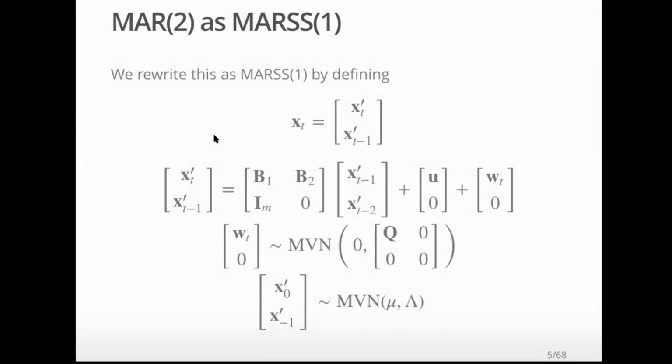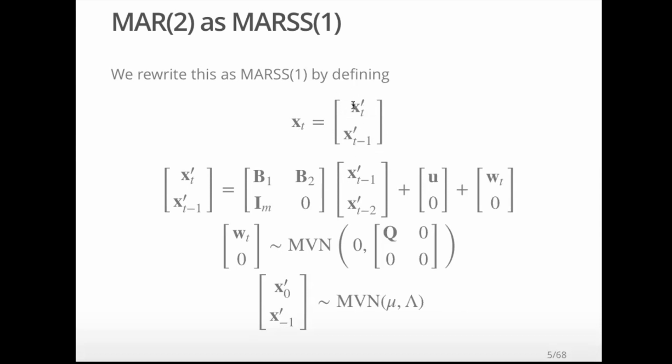So what does that look like? What you have to do is redefine what your x's mean. Now, instead of just having x at time t, my x is going to be the x at time t and the x at time t minus 1. So I've redefined my x to be these.